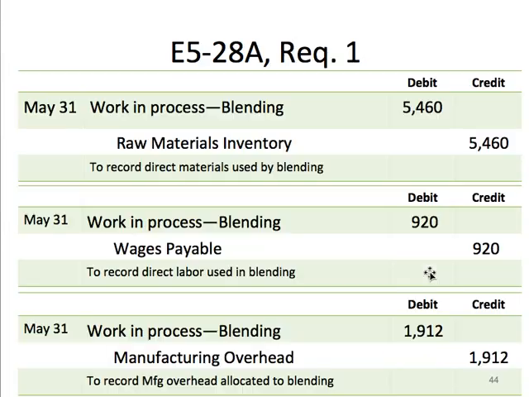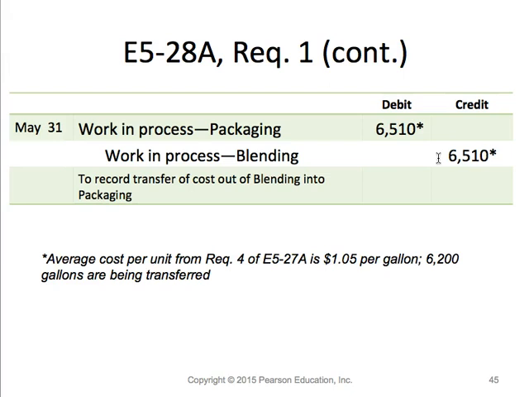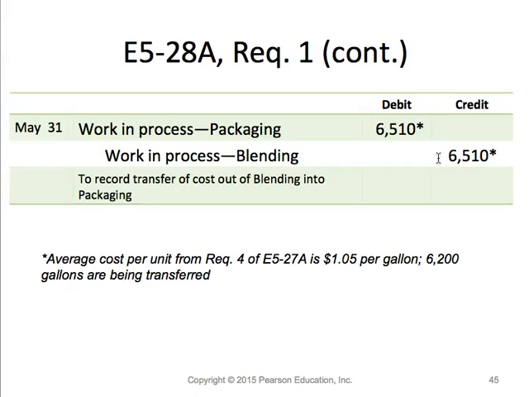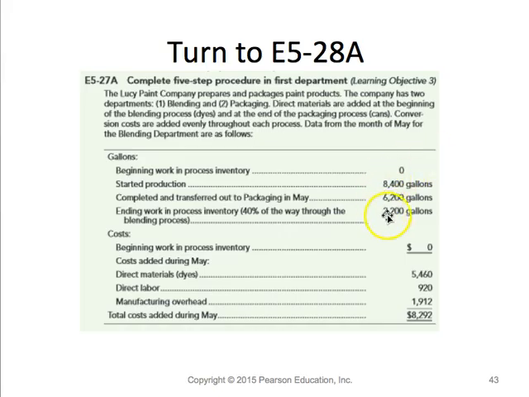So it's easy to use this to put into the journal entries. Just put the numbers in here. It's pretty simple to do. And here, actually, these are the numbers you put in. It doesn't have you do the per unit cost and so on.